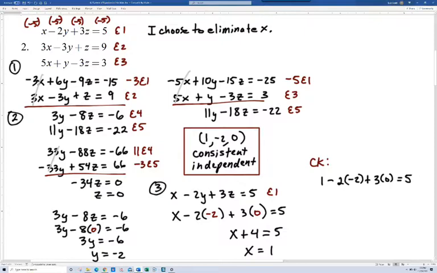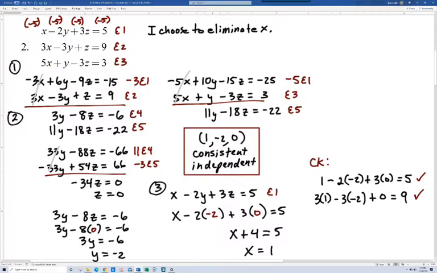Now you can use your calculator, you can just do that in your head. That's 1 plus 4 equals 5, which is true. And then we have 3 times 1 minus 3 times negative 2 plus 0 equals 9. That's plugging the point into the second equation. And so we'll have 3 plus 6 equals 9, and that is true.